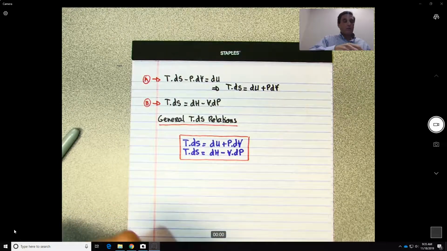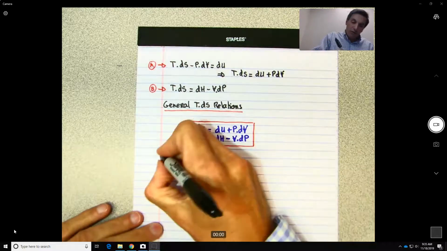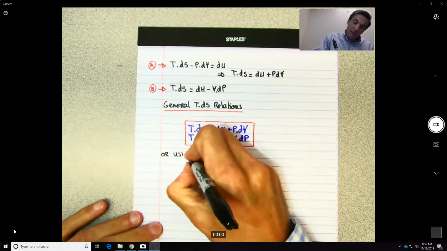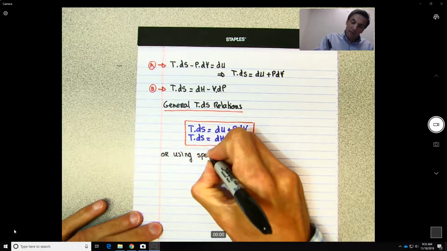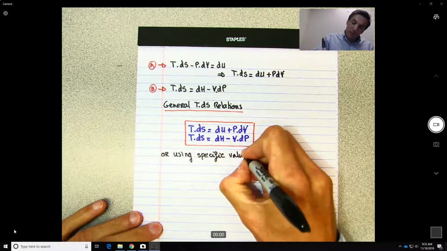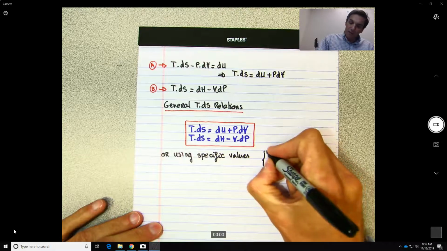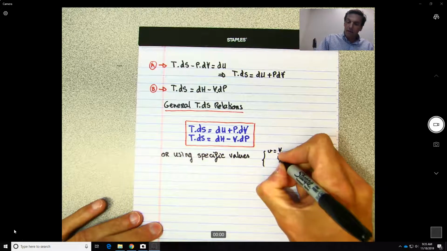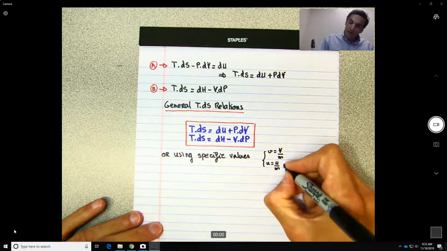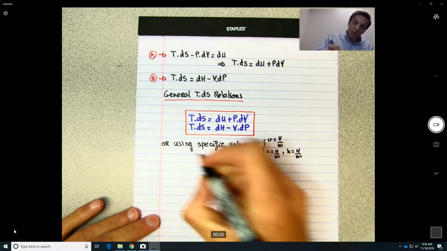Okay, but in the book, most of the time, we use the specific values. So you can just rewrite it using specific values, which means per unit mass. So basically, which one would it be? This for the volume, and this for the enthalpy and the internal energy? And I think that should do it. We get what?